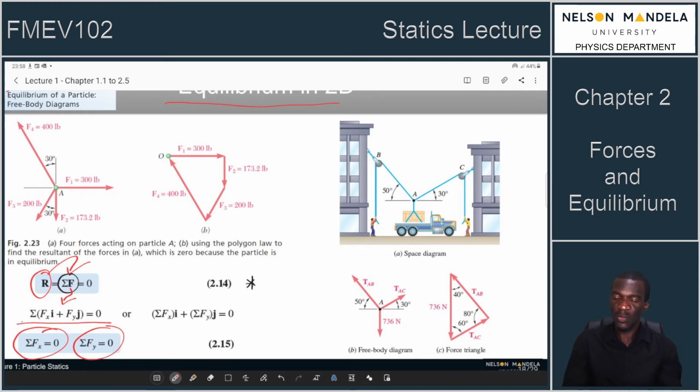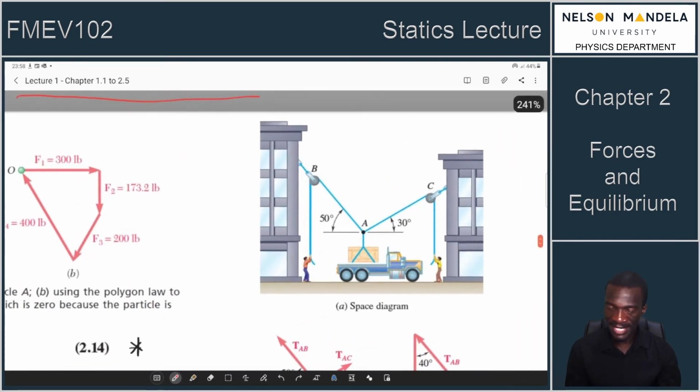So there are 2 types of diagrams that you're given. The first one is a diagram called a space diagram. All your questions will have some 2 or 3 dimensional space diagram. It will basically have pictures of what's happening and the objects that are involved and the objects on which the forces are acting.